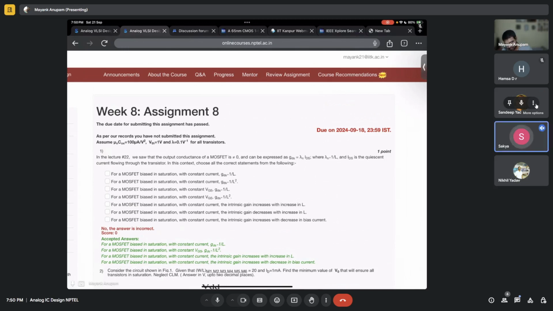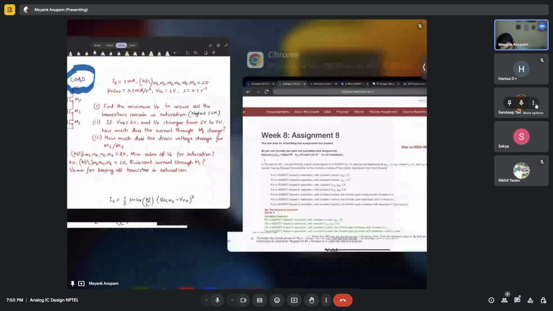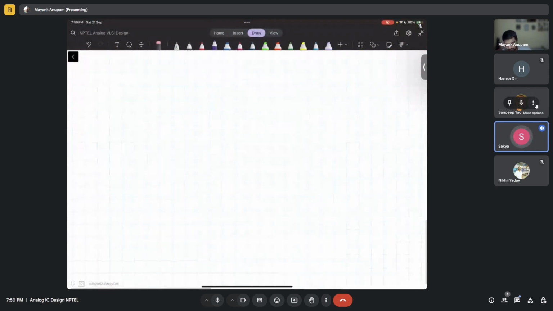We have to calculate the IDS and then put the value of lambda and 1 by L. I did not understand how they arrived at that conclusion. I'll tell you.